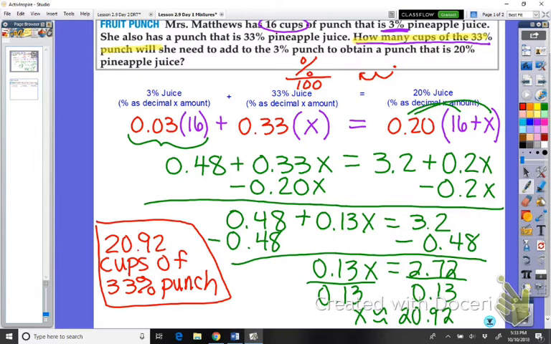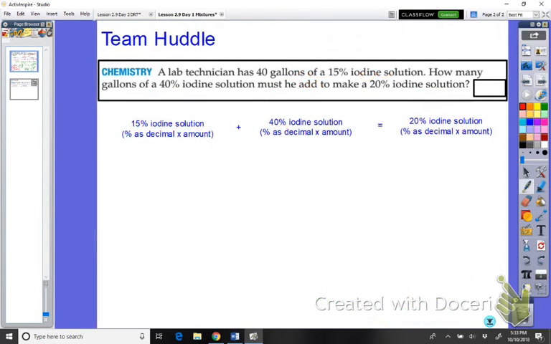All right, we have one more example here to go over. A lab technician has 40 gallons of a 15% iodine solution. How many gallons of the 40% iodine solution must he add to make a 20% iodine solution? So again, we're going to change all 3 percents to decimals.